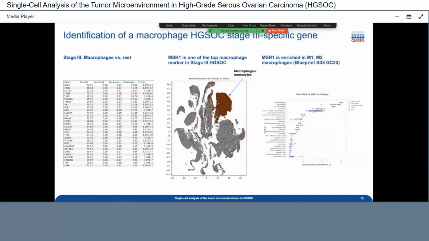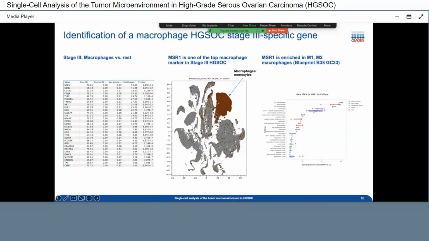Okay, we can also define a specific marker. And the way we do a specific marker is basically taking one type of cells versus the rest of the cells and comparing that. What I wanted to show you is the marker for macrophages versus the rest when you are at stage 3, which is the advanced stage, the late stage of that cancer, right? In between metastasis and heavy metastasis.